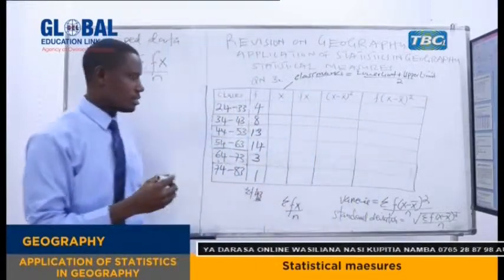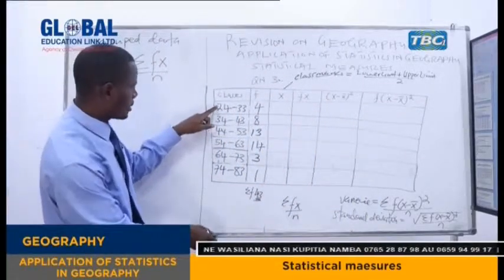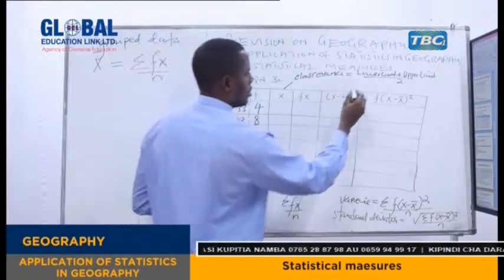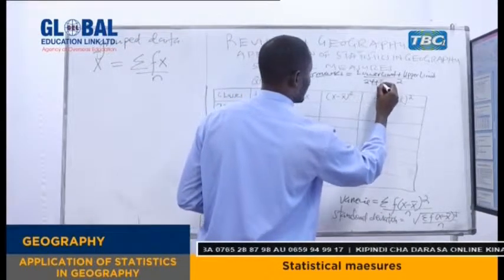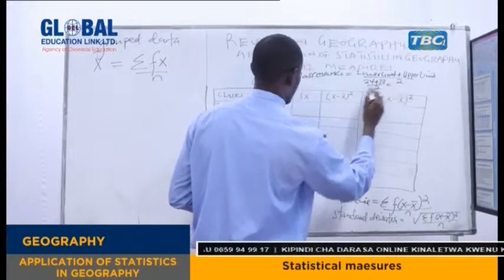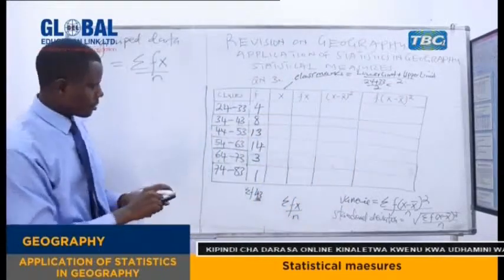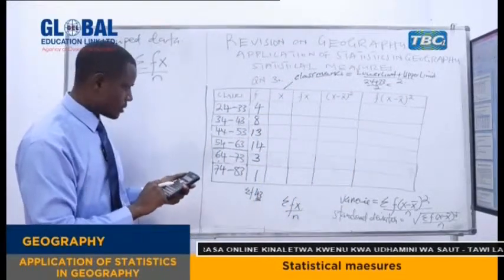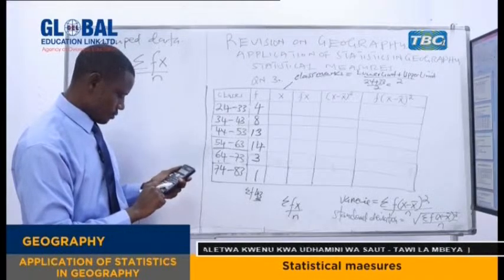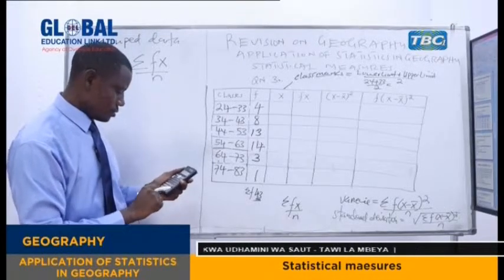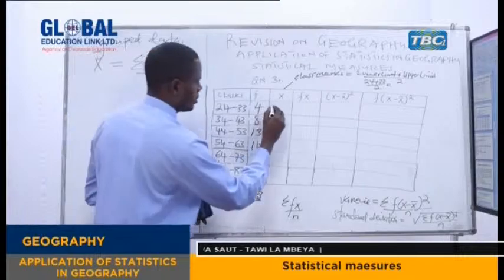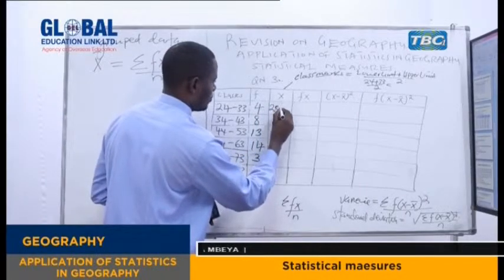So for that particular question, we take 24 plus 33, then we divide by 2. Then you get the first class mark: 24 plus 33 divided by 2 gives 28.5.